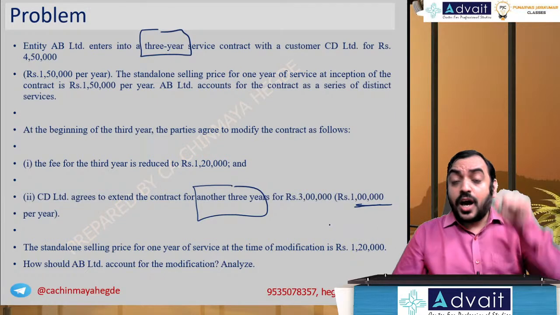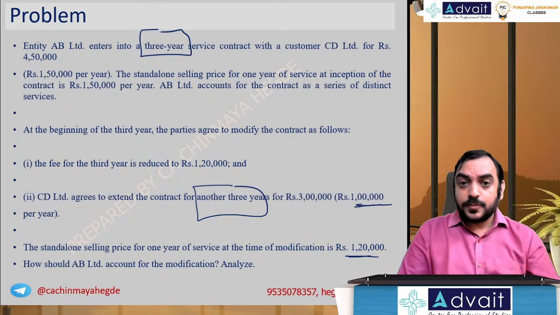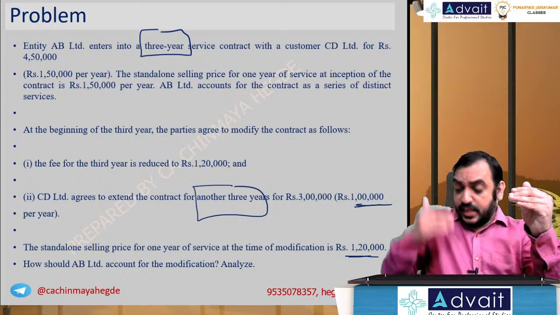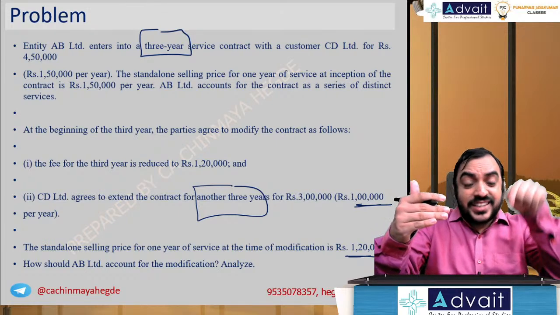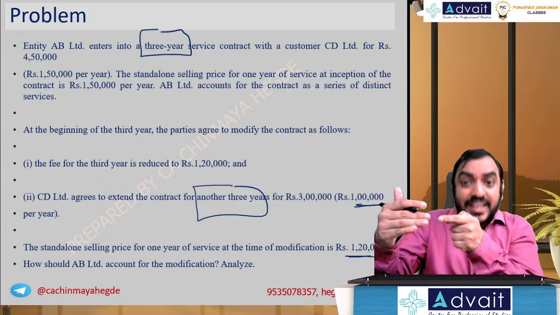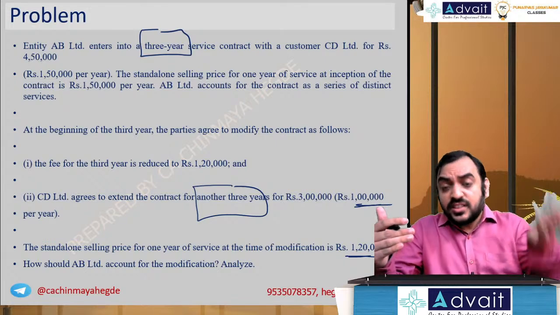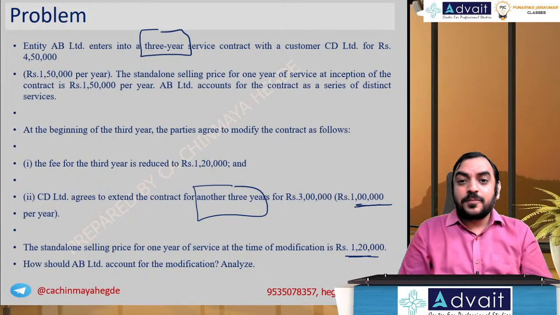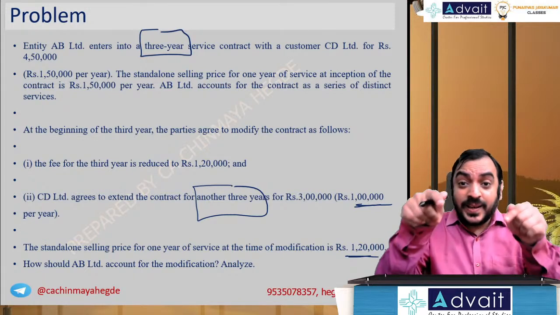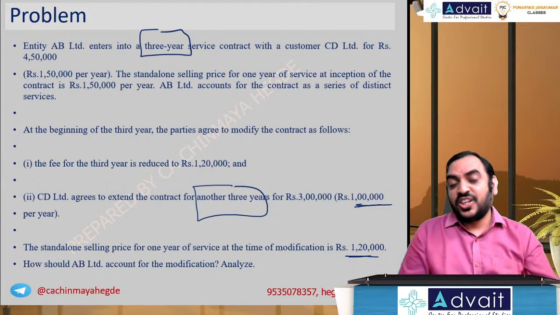But had they charged only for one particular year, it would be 1,20,000. So there is an increase in fee, there is an increase in term, but does that fee reflect the standalone selling price? Is it fair? Is it reasonable? Had I charged somebody else for 3 years, would I have charged 3 lakh only? No. Am I charging at a concessional rate? Mainly because they are part of the existing contract.